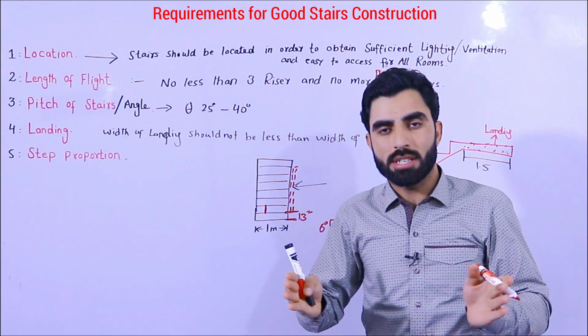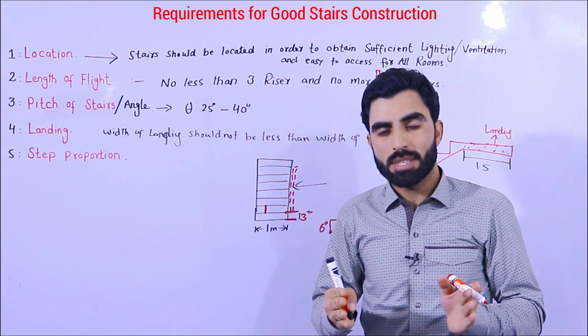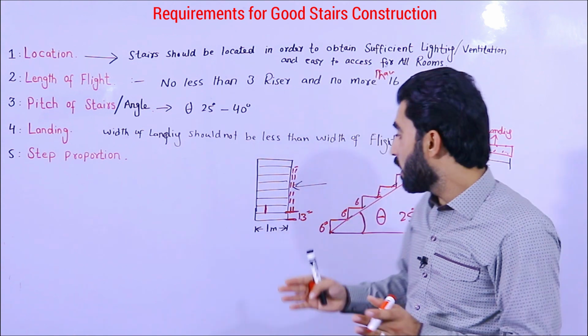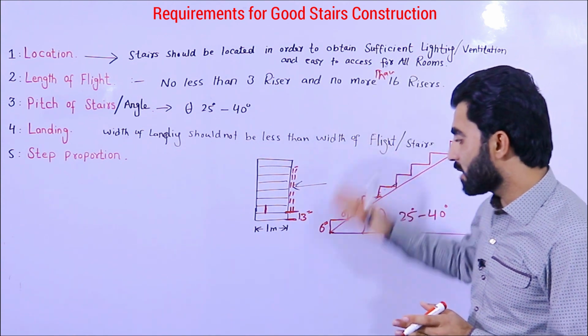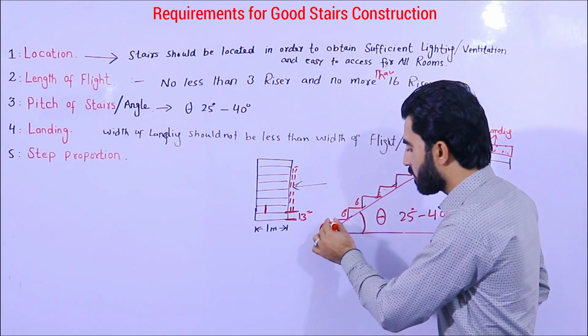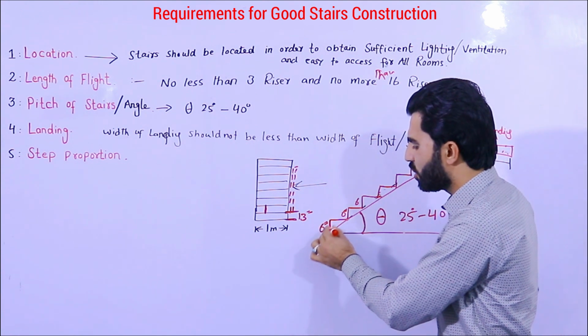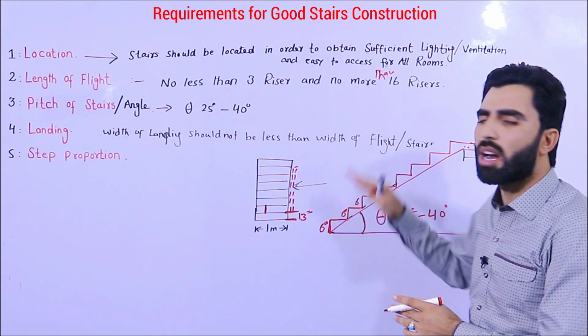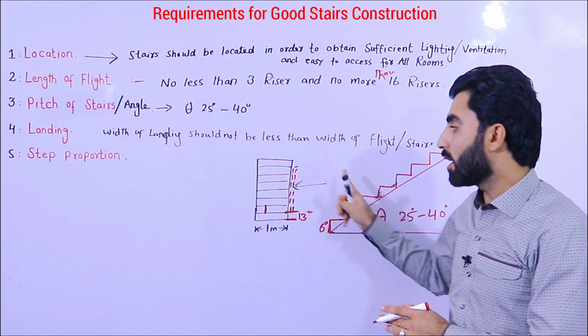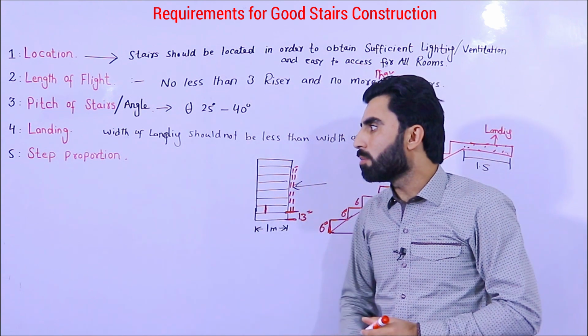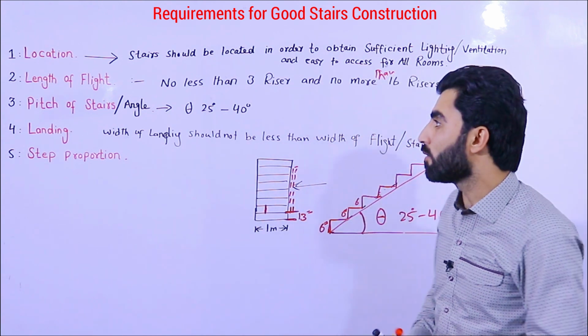All the tread widths should be the same. Also the riser should not be more than 6 inches or less than 6 inches, depending on the total height. So it should be equal in the riser and also in the tread. This is step proportion which I have discussed in front of you.